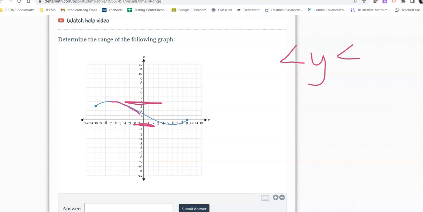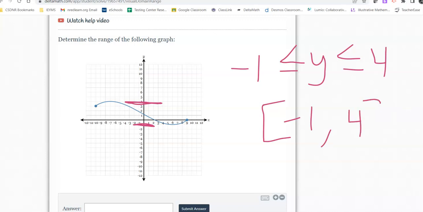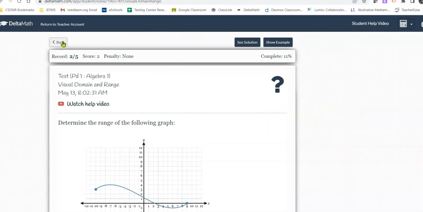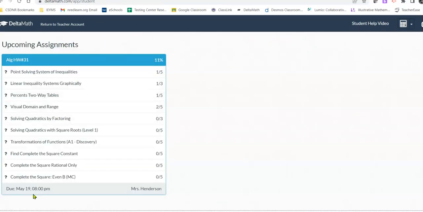So as you can see, it's a solid line, so that means it is equal to, because the line is completely solid. It goes as low as -1 and as high as +4. Okay, and that's how you complete the domain and range.